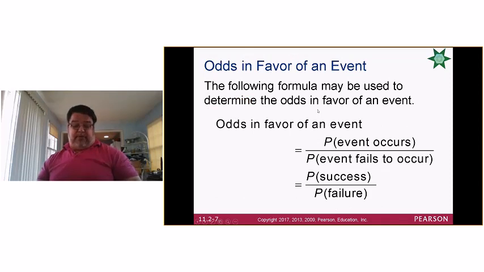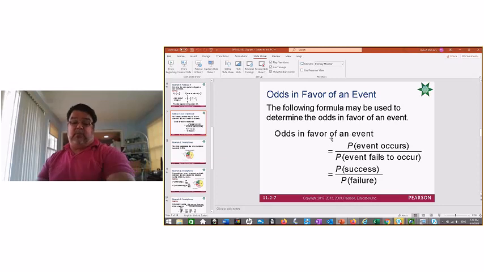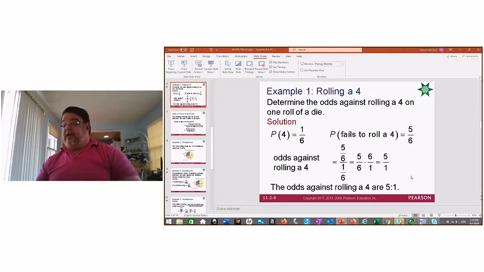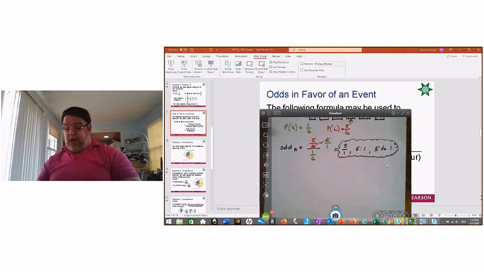The odds in favor would be the same except you flip it. So if I wanted the odds in favor of this answer, the odds in favor would be 1 to 5. I'm not going to spend a lot of time on odds in favor because it's just the reciprocal of odds against. So if I wanted the odds in favor of this problem, I'll do it in blue.